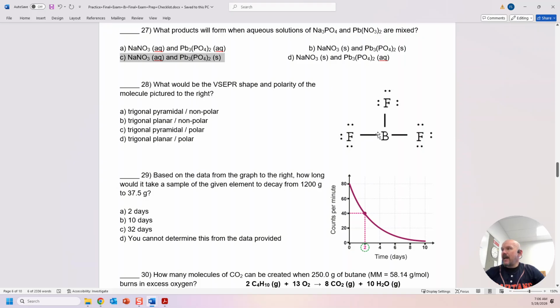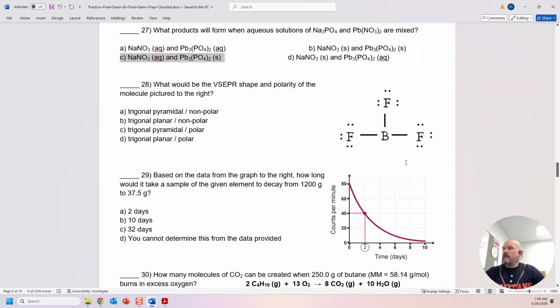All right. So here they give us the dot structure, and they just ask us for the shape and if it's polar or nonpolar. So remember, first off, boron is okay with 6 electrons, so this is perfectly fine for boron. This is what the boron trifluoride molecule could look like if you draw it. It's not really drawn well based on its actual geometry, but that's a perfectly good dot structure.